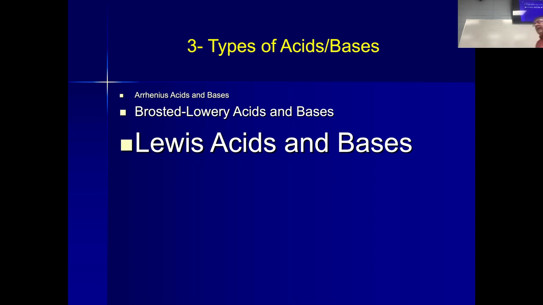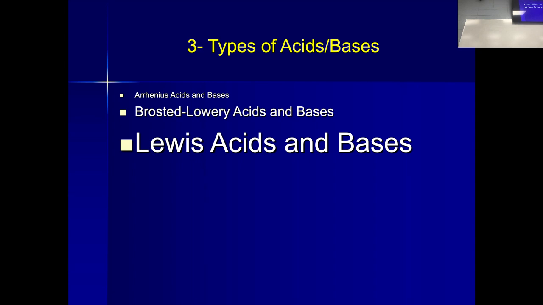Lewis acids and Lewis bases really account for pretty much so all of chemistry. Okay? I've got some friends who would argue with me. I think they would lose the argument. But nonetheless, and the reason is because Lewis acids and Lewis bases can explain the Bronsted-Lowry acids and bases. And they can explain the Arrhenius acids and bases. Okay? So an Arrhenius acid is anything when you dissolve in water, it makes hydronium ions, H3O+.